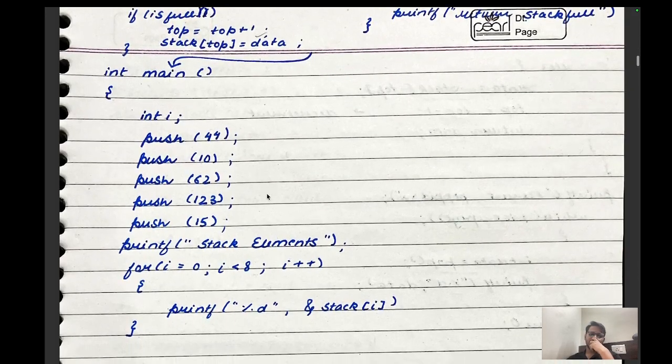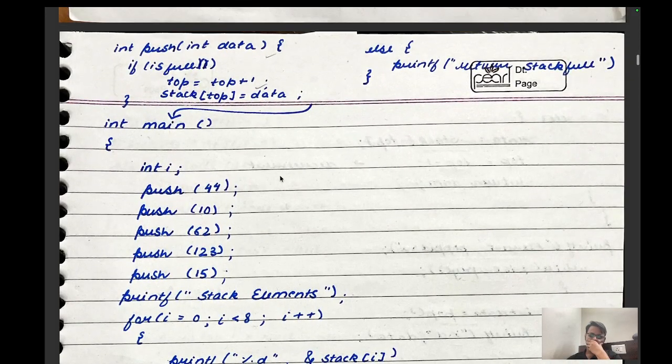Else, printf. So basically, firstly we are checking whether the stack is full or not, and if it is not full, we increase top from -1 to 0, which means we are adding one to top.